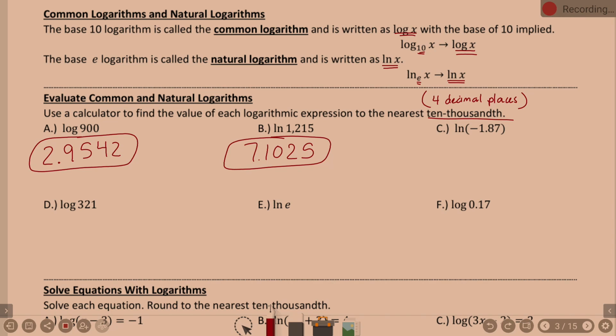Okay. C. Natural log of negative 1.87. You're getting an error of some sort. Some calculators, the TIs, say domain error. I don't know what Casios or some of the others say, but you're getting some kind of error. Why are we getting an error? We talked about why yesterday.